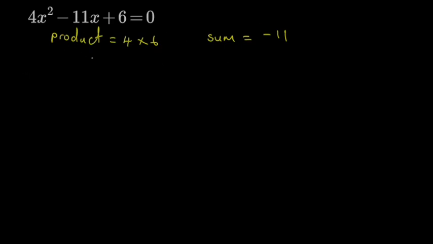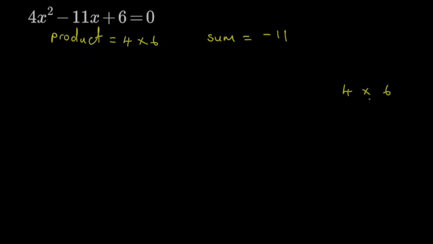You're looking for two numbers such that when you multiply them you get this, and when you add them you get negative 11. The first numbers, 4 multiplied by 6, you can't work with them to get negative 11. So you have to be creative and look for better numbers. The way we look for numbers is by dividing one side by a factor and then multiplying the other side by the same factor.